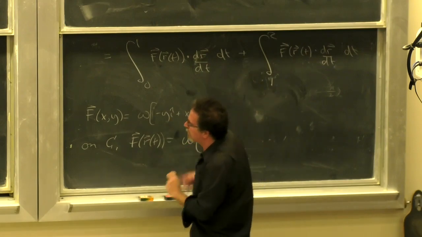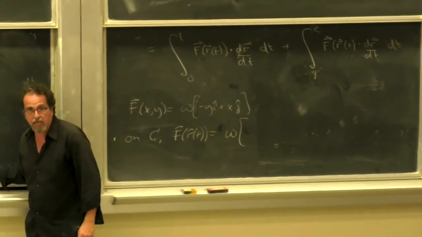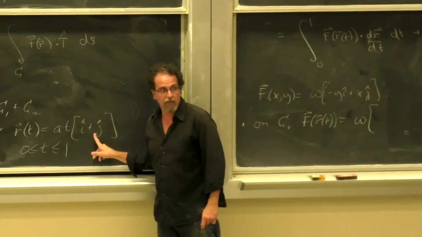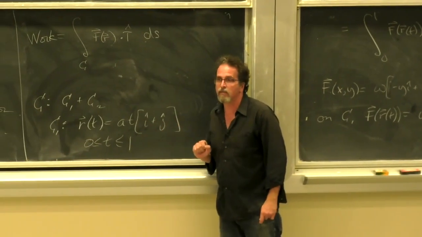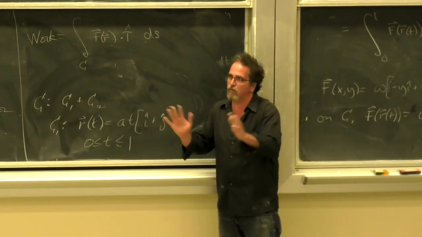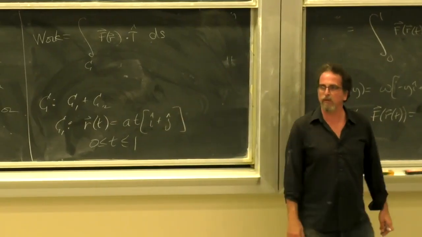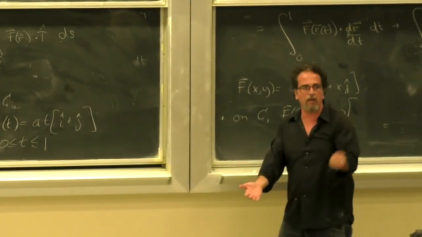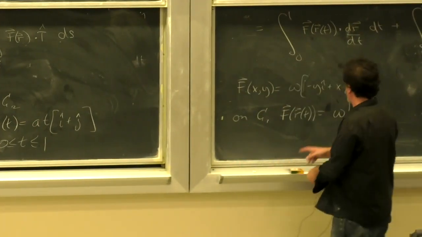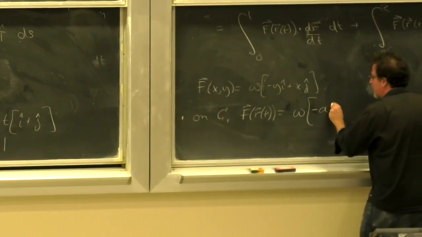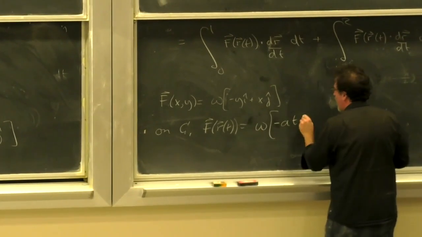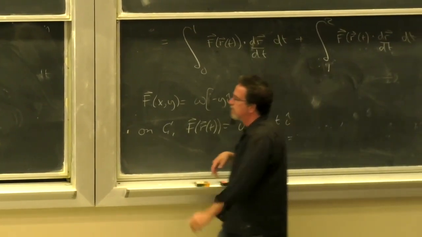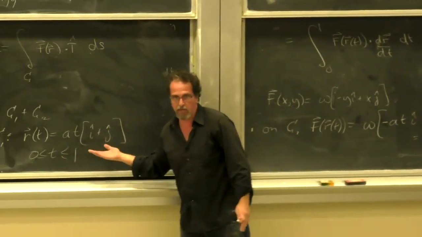Well, I wrote it. Along C1, y is at. That's what you've got to do. That means I'm evaluating it on the curve. So y is at. So this is negative at because of that negative there, i hat. What is x? It is at also in this case.